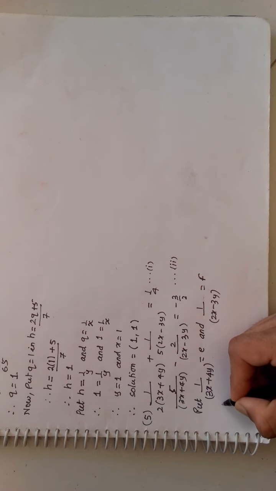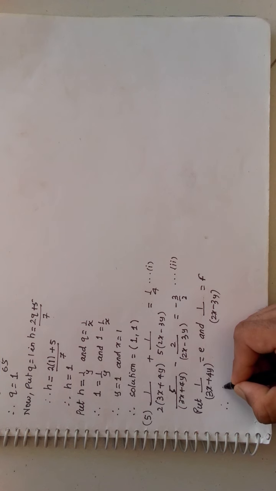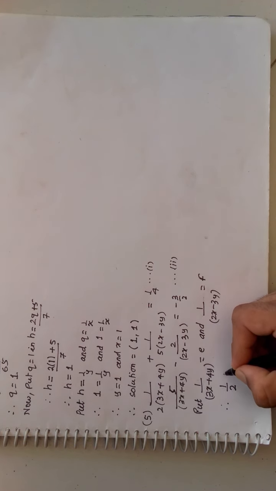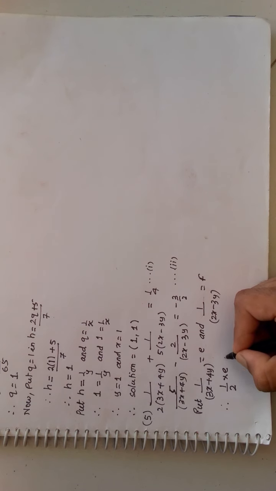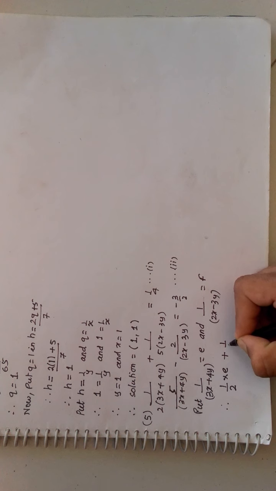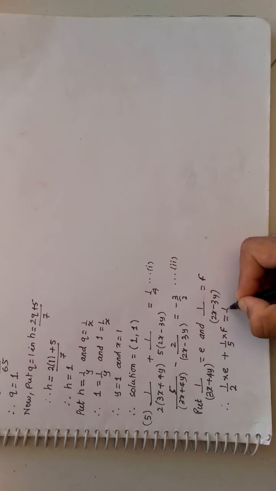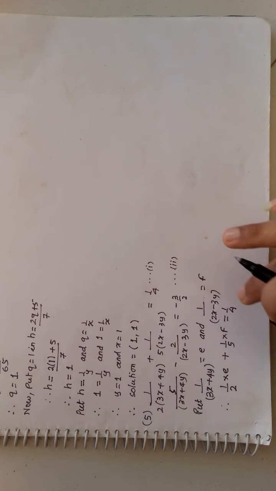So I get the change in the statement to be 1 by 2 into e, plus 1 by 5 into f is 1 by 4. Okay, got it? This is your statement number 1 converted like this.